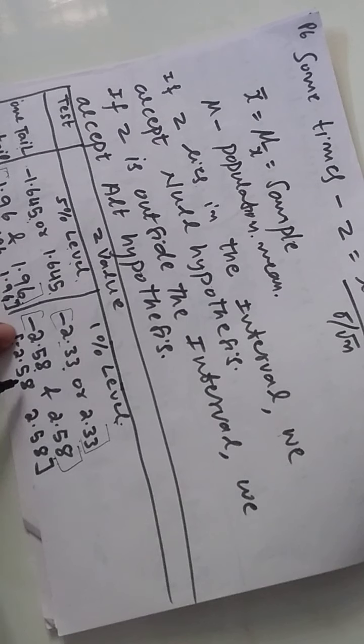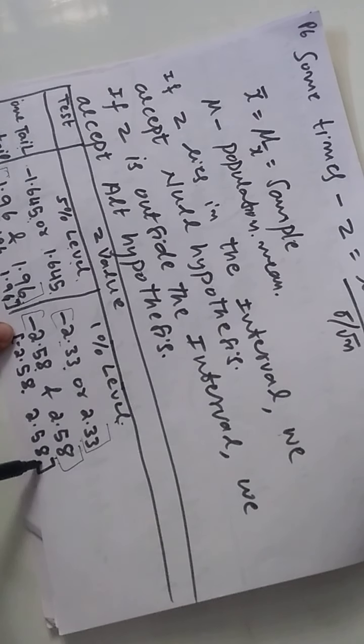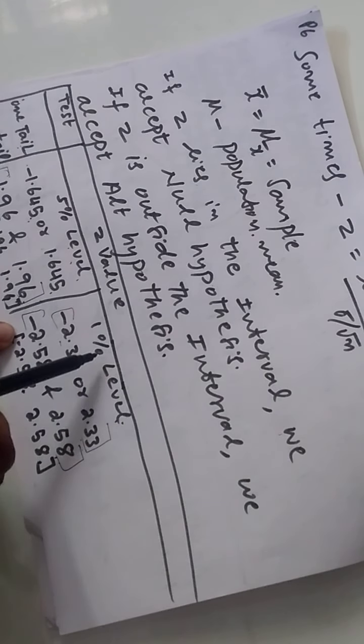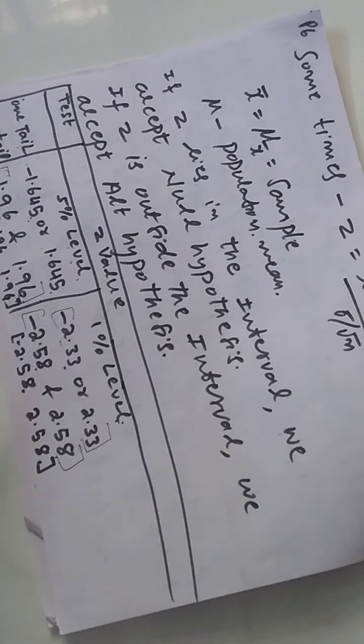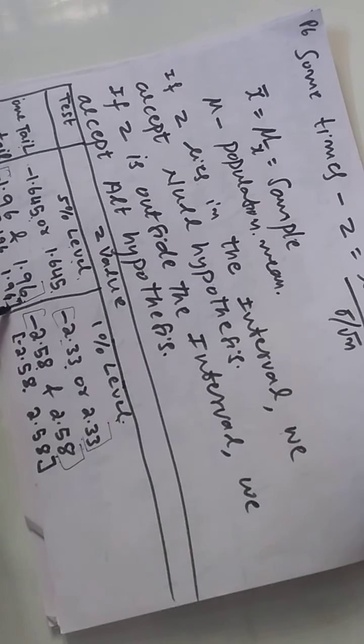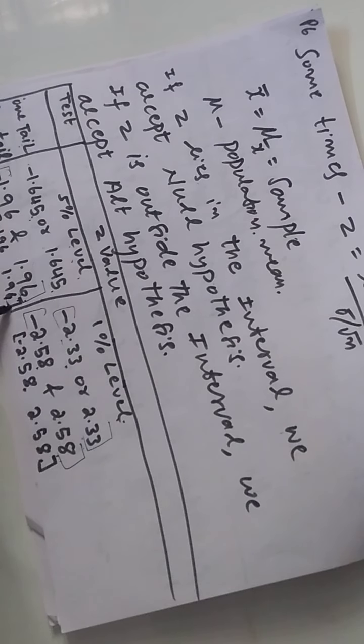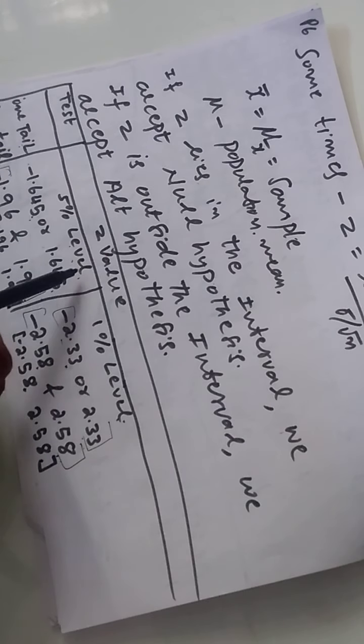Suppose if z goes outside minus 2.58 to plus 2.58, then at 1% level I am accepting the alternative hypothesis. Suppose if z lies inside the interval minus 1.96 to plus 1.96, it means I am accepting the null hypothesis at 5% level.